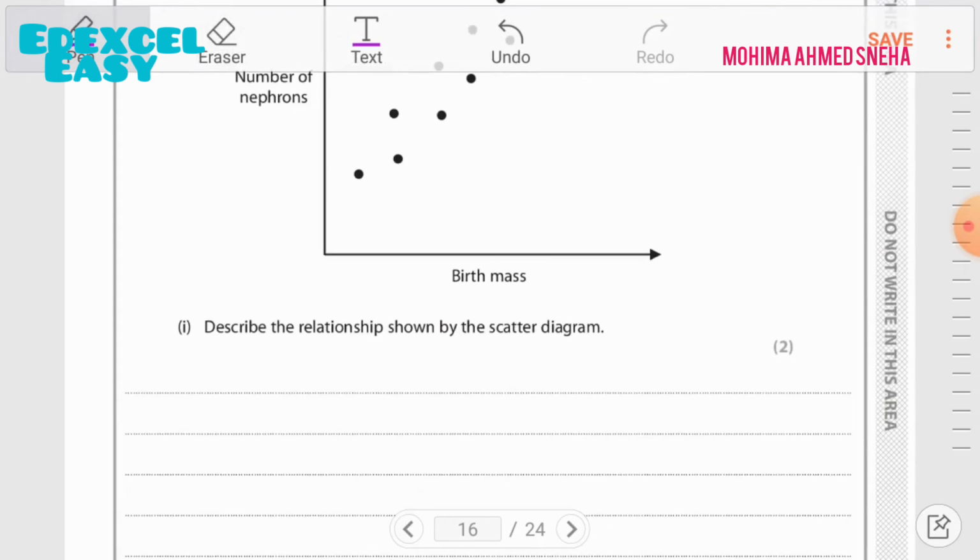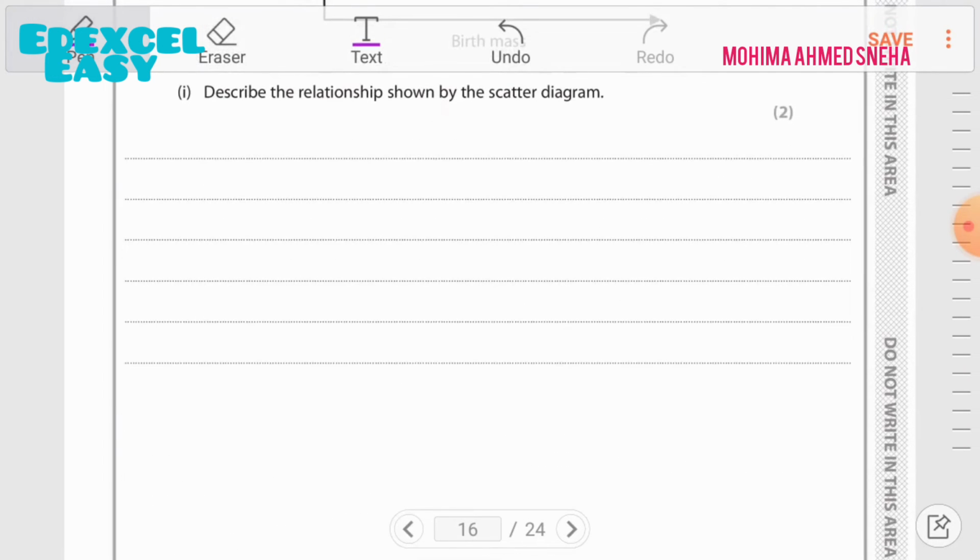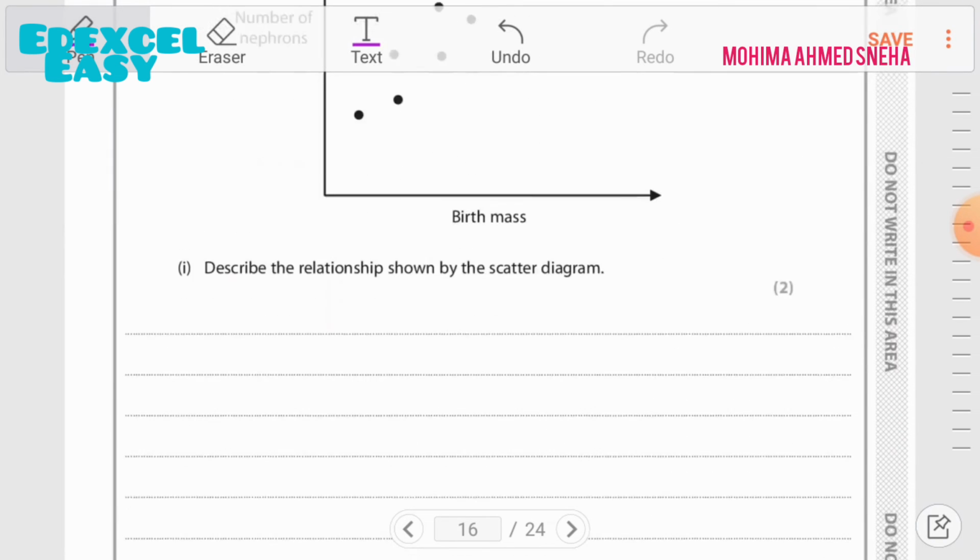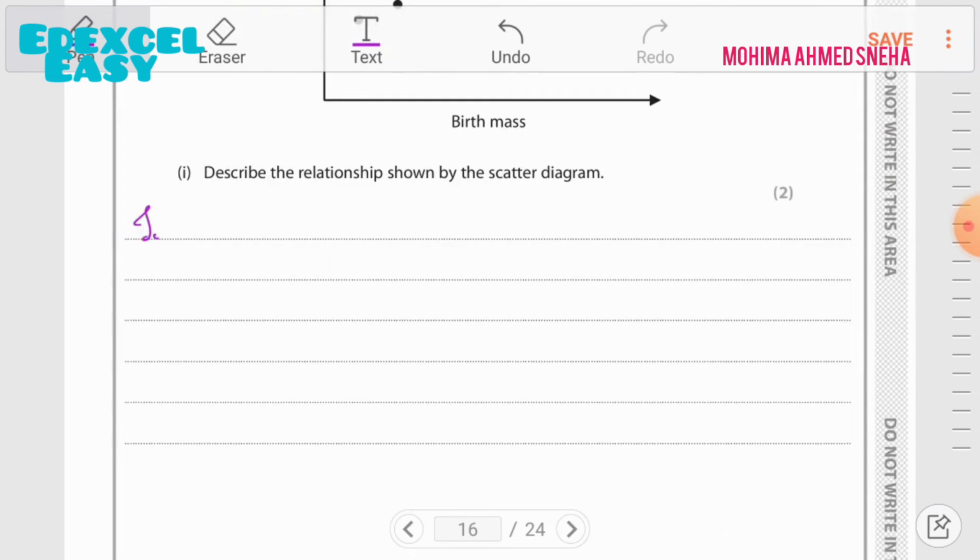So let's write the answer. It shows a positive correlation.